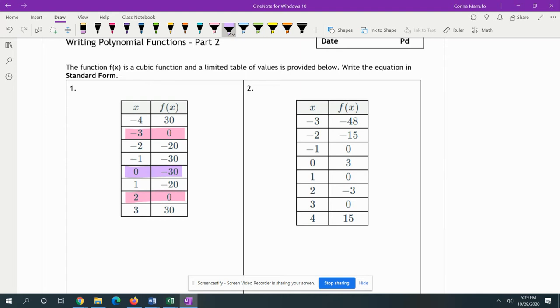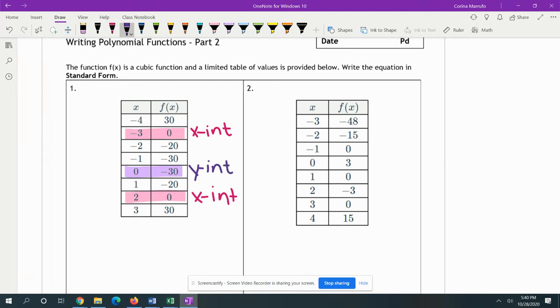The ones where we have a 0 in the y value are my x-intercepts. And the one where the x value is 0 is my y-intercept.